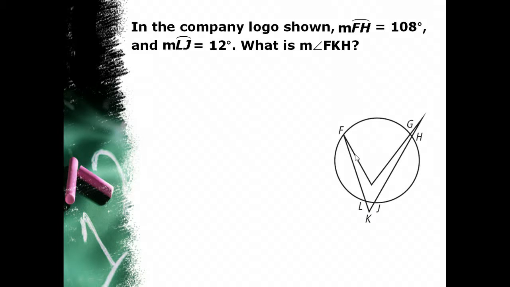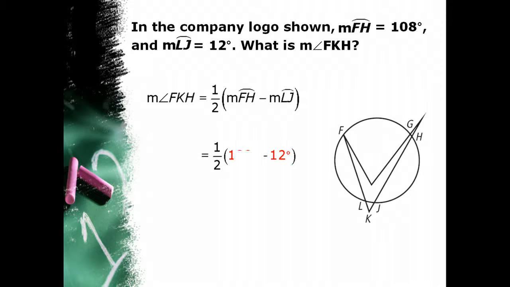What is the measure of angle FKH? So we start with our formula. We know that the measure is equal to half the measure of FH minus LJ. We plug in those numbers that they gave us, even though they're not on the picture, and we get 48 degrees.